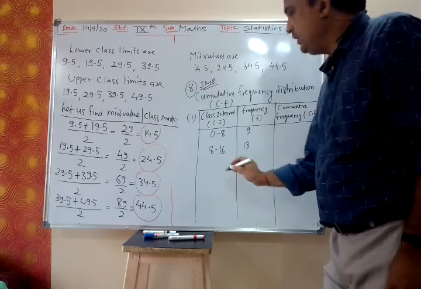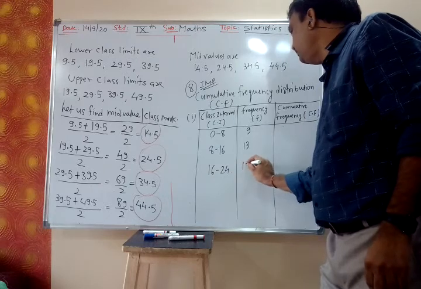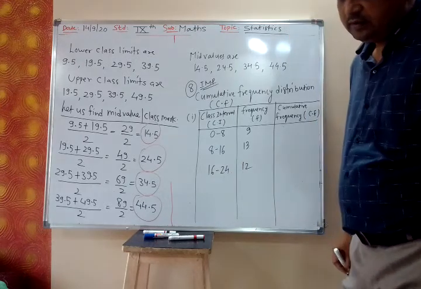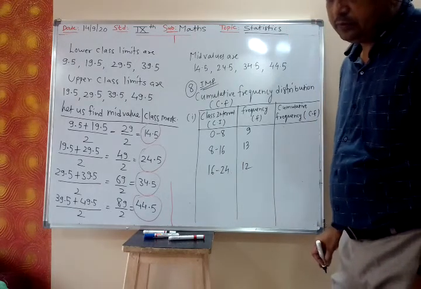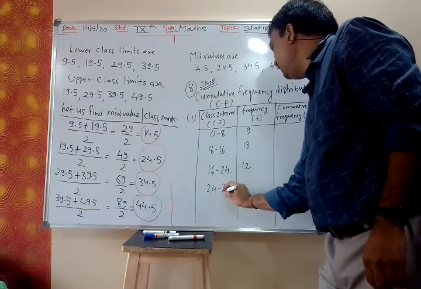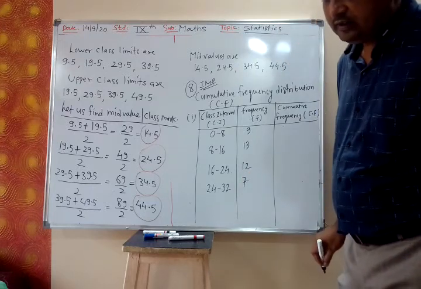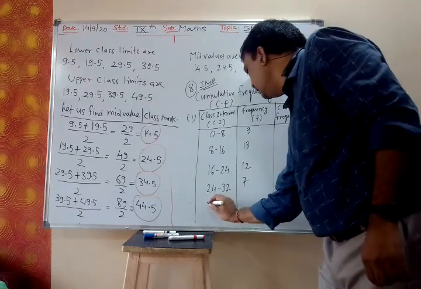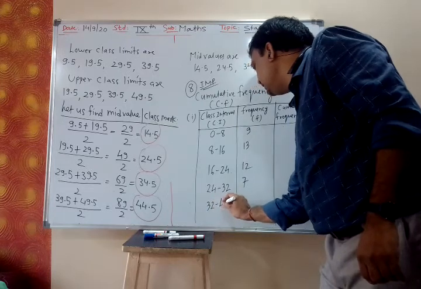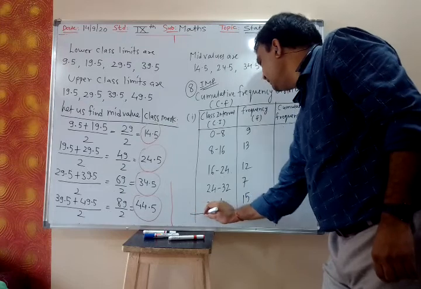Then 16 to 24, frequency is 12. Then 24 to 32, frequency is 7. Then 32 to 40, frequency is 15. So these are the frequencies given.